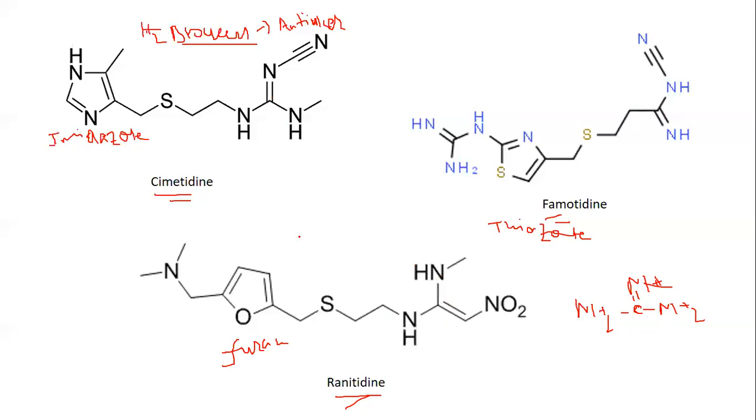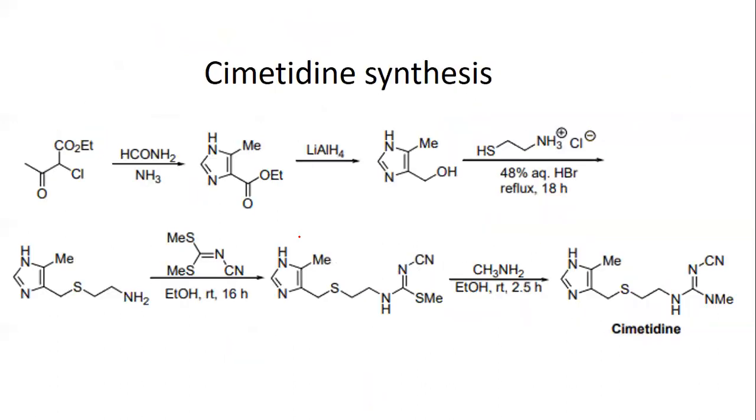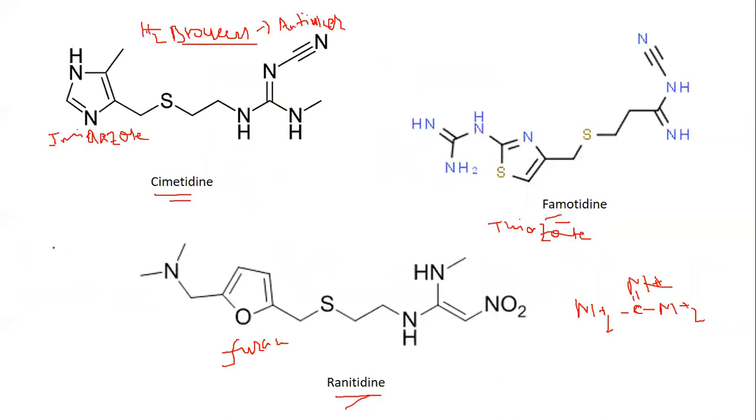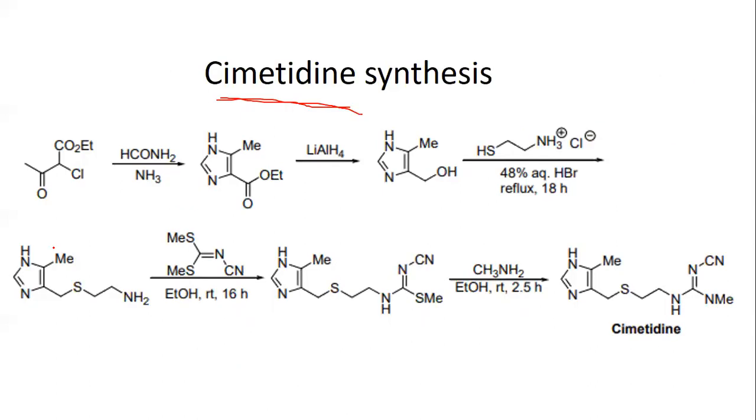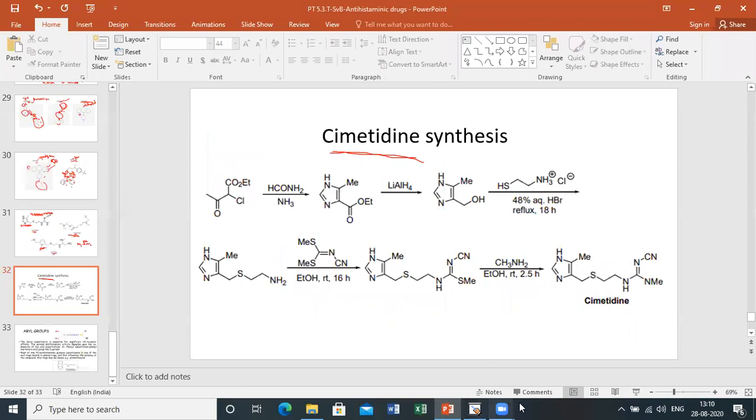Okay. Then one synthesis of these drugs is in the syllabus, so we have to cover that. That is the cimetidine synthesis. Now, how is the cimetidine synthesis done? Cimetidine has an imidazole ring system, right?